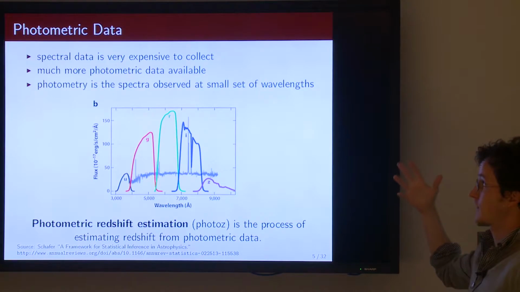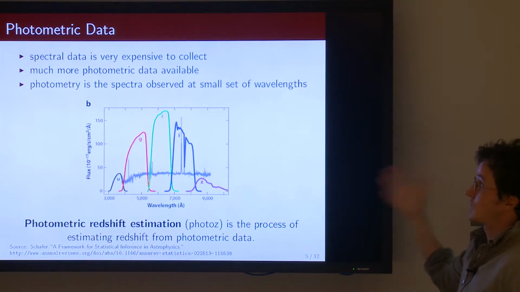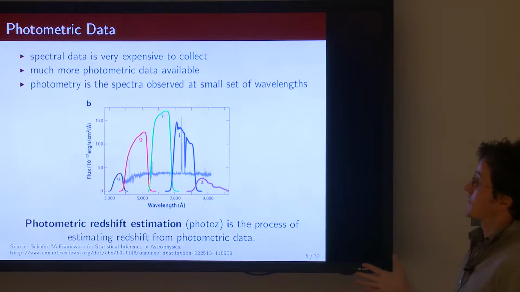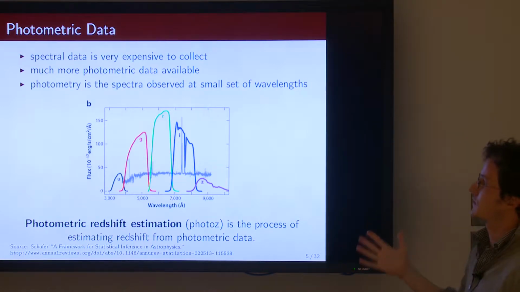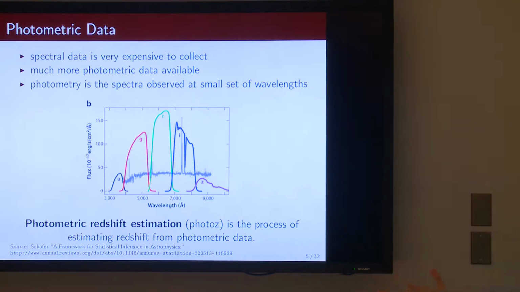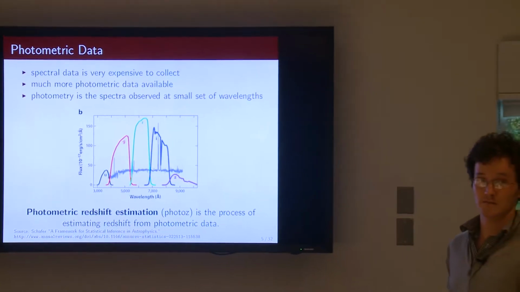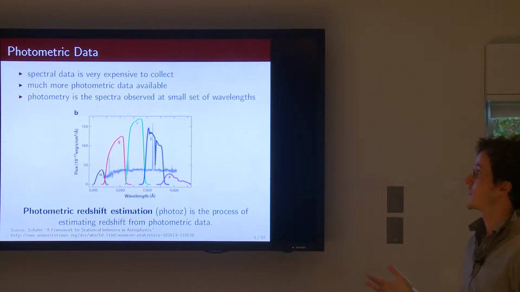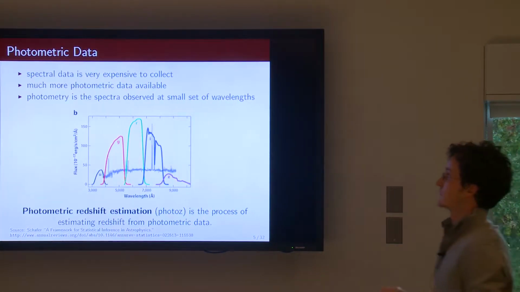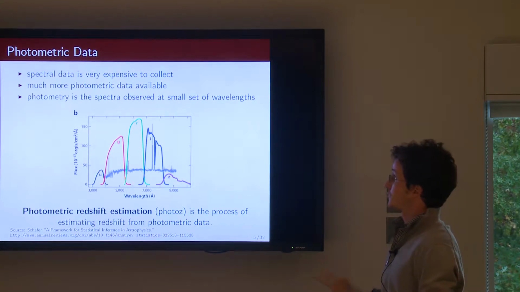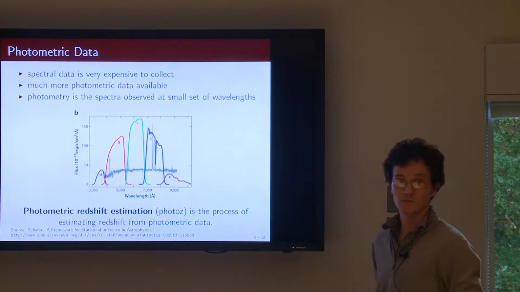Surveys in astronomy are getting photometry for billions of objects, or certainly hundreds of millions, maybe soon to be billions of objects. If you have good methods for estimating redshifts, then you can get redshifts for a lot of objects. Whereas you just don't have enough instruments to collect spectra for them all.